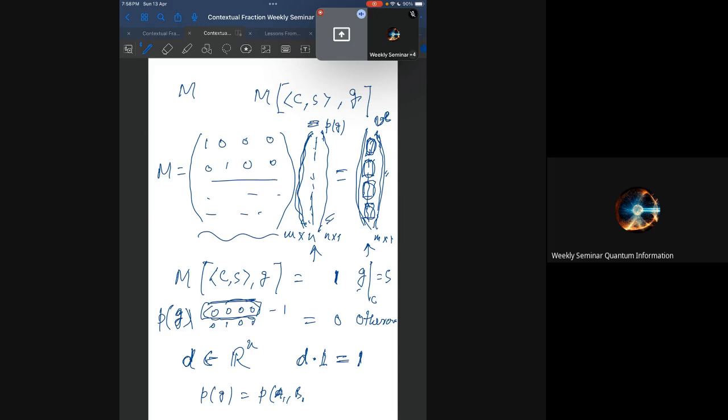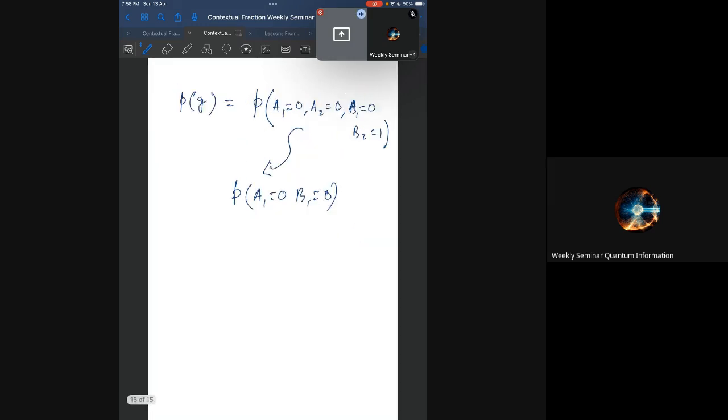So this is now my goal, that I will write a matrix into another column matrix and will reproduce this V. If I can do that, then my model is non-contextual, this E model.